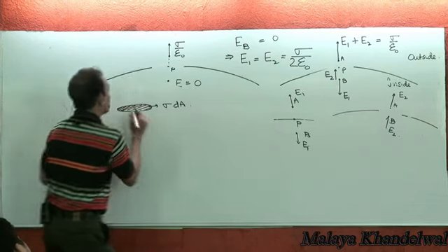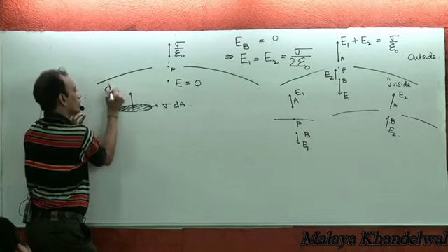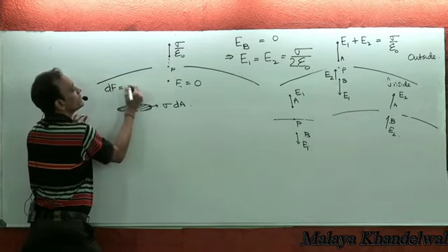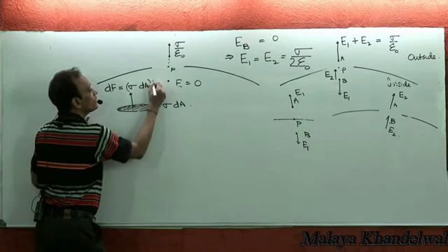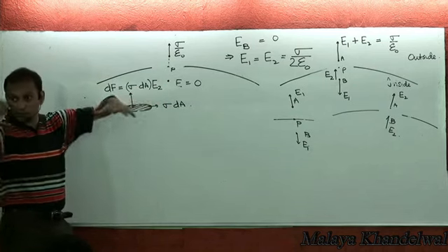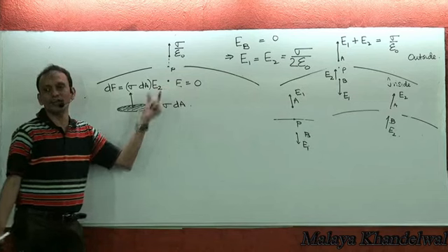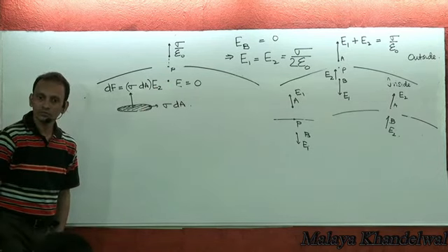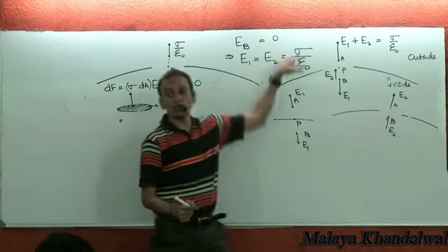Right? So if I have to calculate the force on this charge element surrounding P, then that's going to be sigma into dA into E2. E2 is the electric field produced by the rest of the charges. So the force on this charge element is sigma into dA into E2. E2 is sigma by 2 epsilon naught.